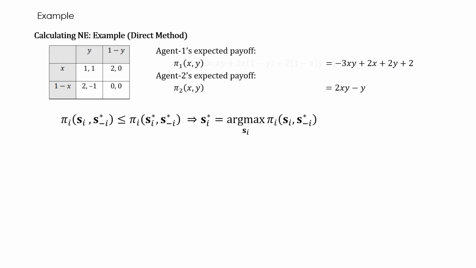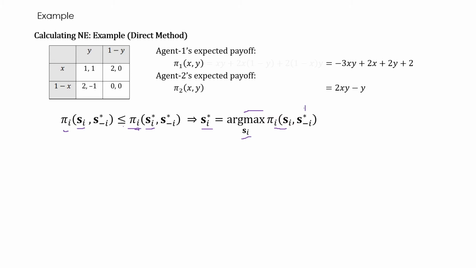Now, from the definition of NE, we know that each agent i tries to adjust its own strategy to maximize its own payoff. In other words, π_i, the payoff of agent i with respect to any other strategy S_i, is always less than or equal to its payoff with respect to its own Nash equilibrium strategy S_i*. In other words, S_i* equals argmax with respect to S_i of π_i(S_i, S_-i*).